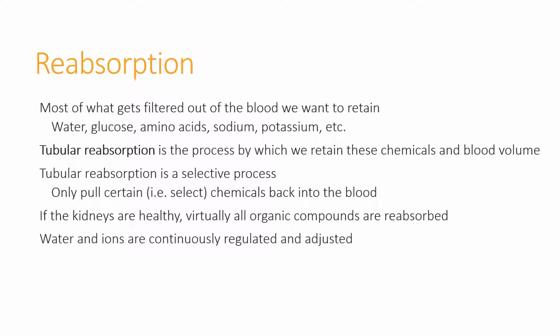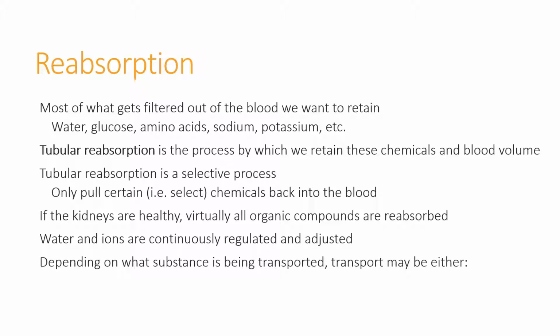However, water and ions, like sodium and potassium, are continuously regulated and adjusted by the kidneys. We should be able to find some sodium and potassium in the urine, and depending on what's happening in the body, those levels may increase or decrease.